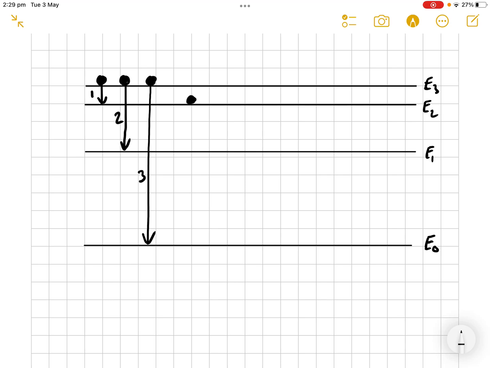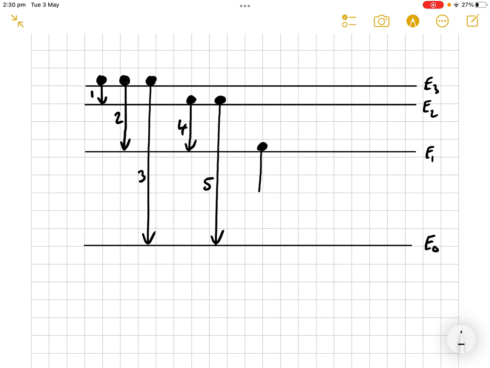But if we started on level 2, second excited state, where could we go? Well, we could fall down to level 1, first excited state, so that would be the 4th possible transition. Or, of course, we could fall all the way down to the ground state. That would be the 5th possible transition. So that's starting at level 3 and starting at level 2 exhausted.